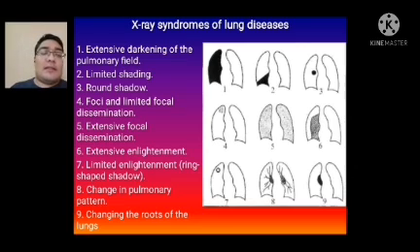Limited enlightenment is the same, but it is bordered within some lobe, some part, maybe half of the lung. Next, limited change in pulmonary pattern. It means that the pulmonary pattern can be enlarged, can disappear, can change its shape, or can be dislocated by something. And the last one is change in the roots of the lungs.